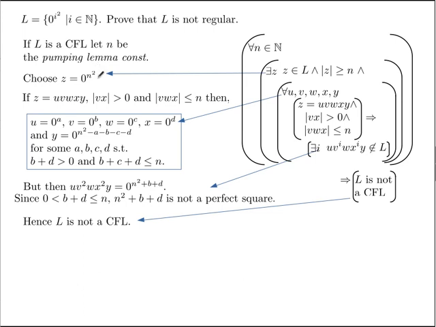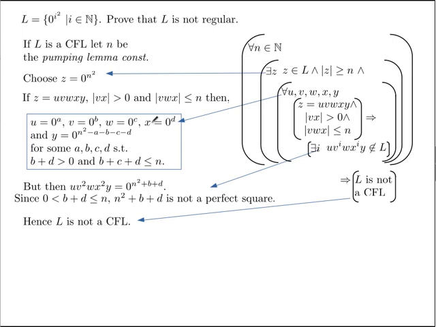So we are taking 0 to the n square, and then we are considering all breakups with the constraint that vx cannot both be empty and vwx should be less than or equal to n. But since we have just all zeros, all these u, v, w, x, y are just zeros, with some number of zeros.